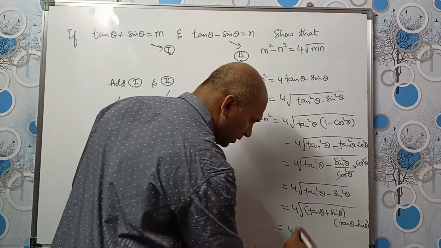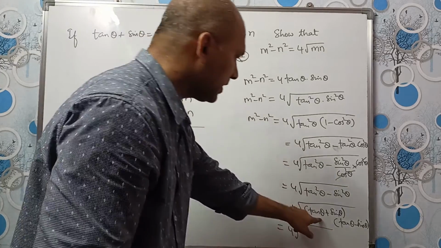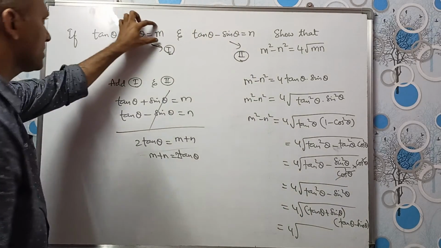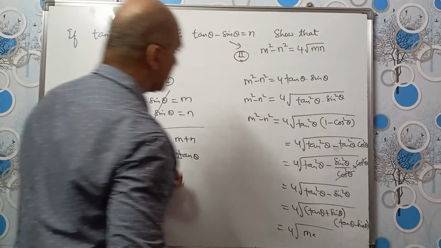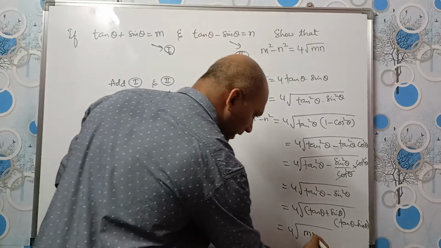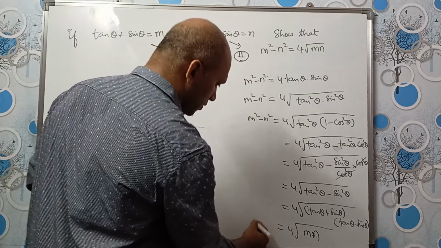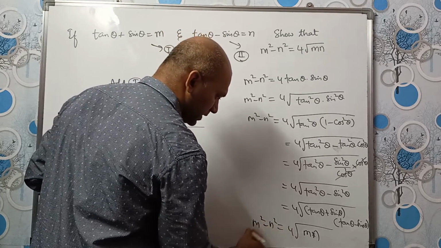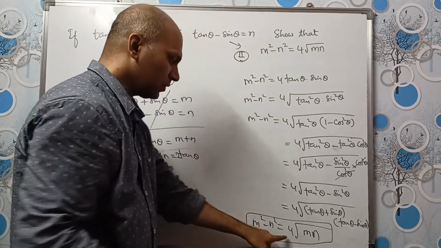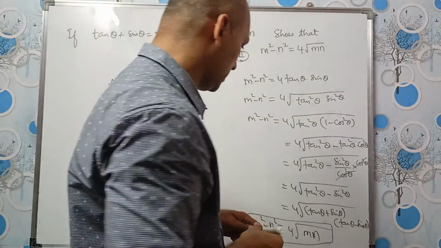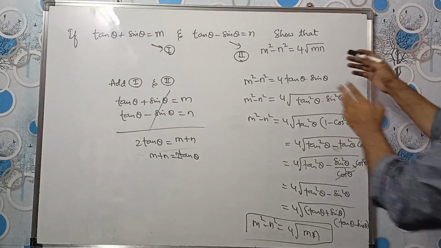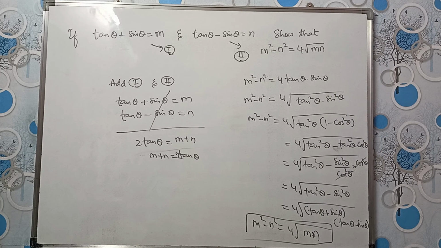So this is 4 root of tan plus sin, which is m given, multiplied by tan minus sin, which is n given. Okay. So we have m square minus n square is equal to 4 root of mn. We needed to prove this. I hope you understood this.